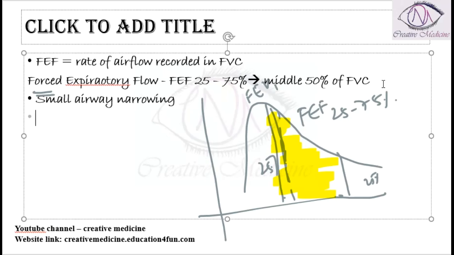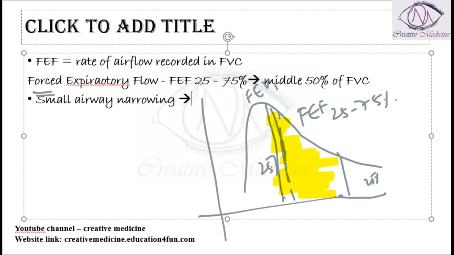It is effort independent. Only if there is obstructive disease or narrowing of the small airways, that is when we see this abnormality in forced expiratory flow rate in 25 to 75%.